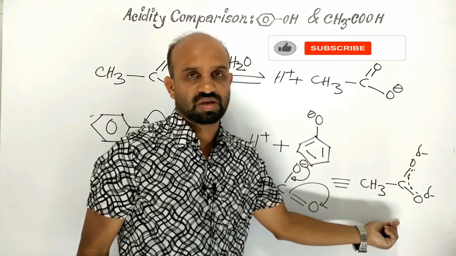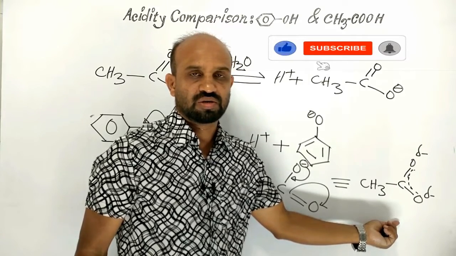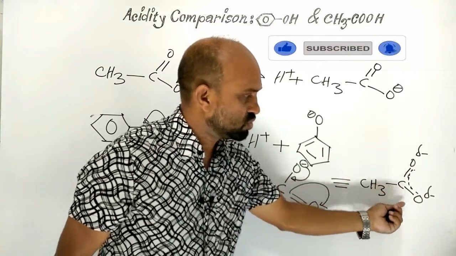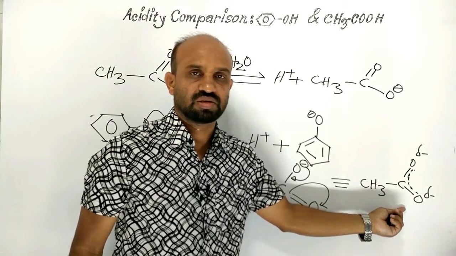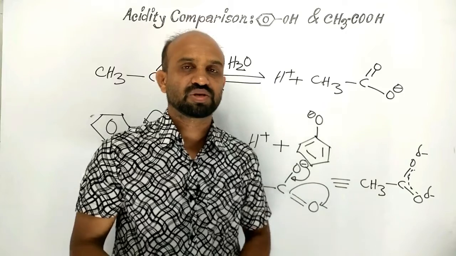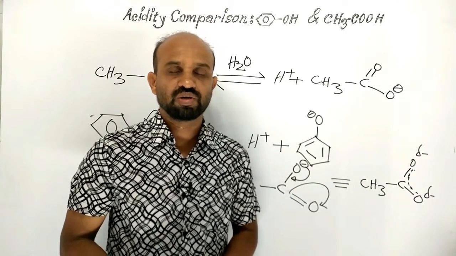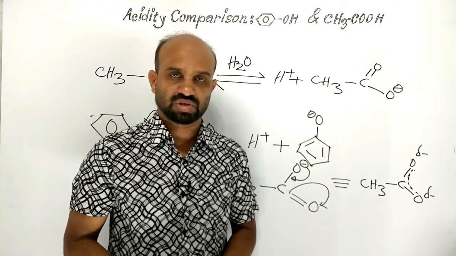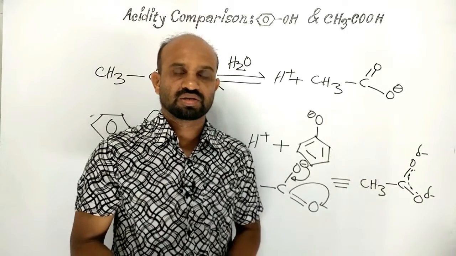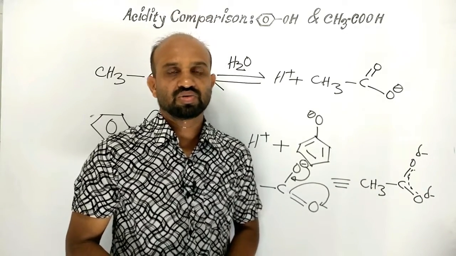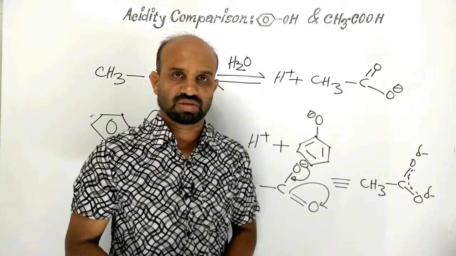That is, in this case, the negative charge disperses between two electronegative atoms, oxygen atoms. That is, in this case, the negative charge is firmly bonded to electronegative oxygen atoms. So, this ion gets stability through resonance structures.